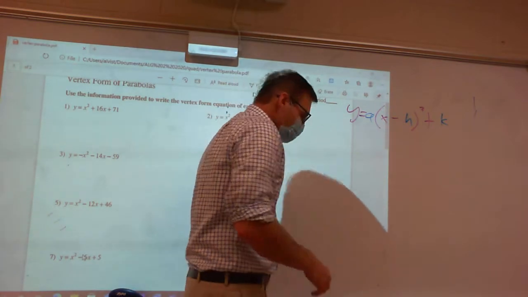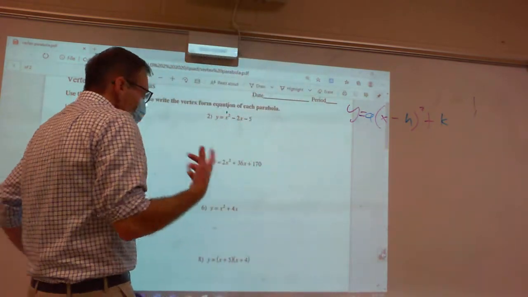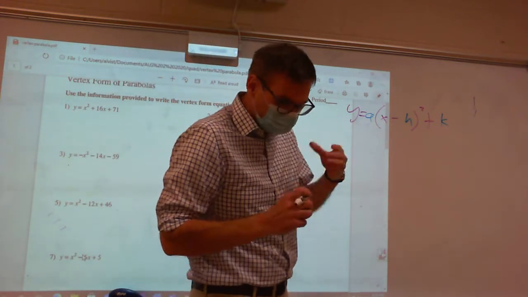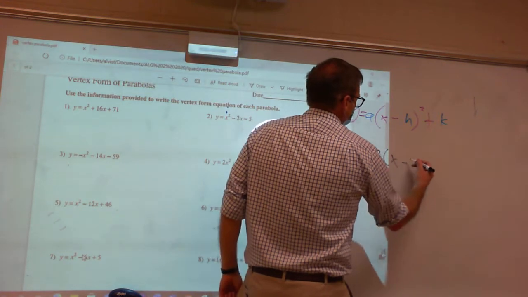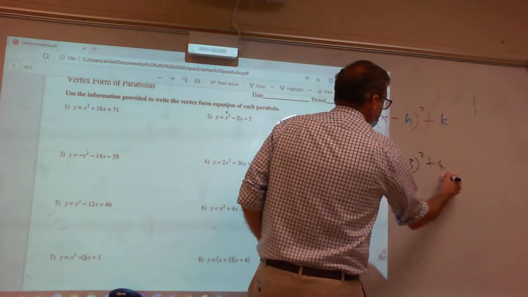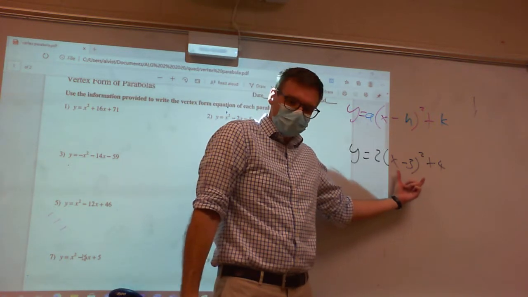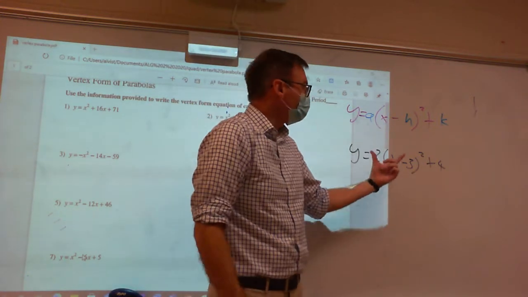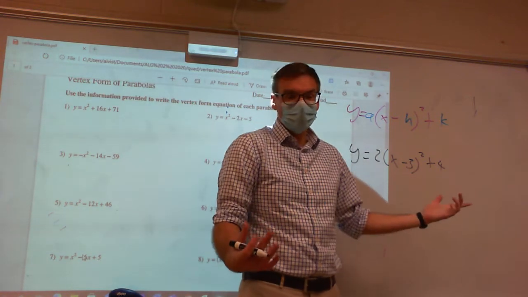Well, let's refresh our memory of things that we talked about on Friday. If I gave you y is equal to 2(x minus 3) squared plus 4, or maybe a week ago when we talked about a parabola, it turns out this number and this number helped us figure out what the vertex is.